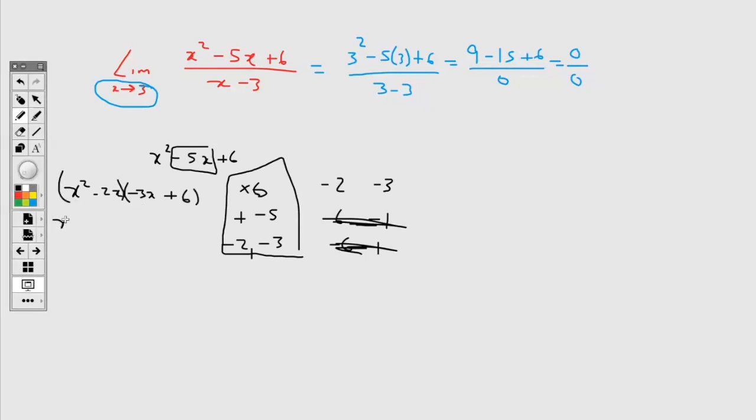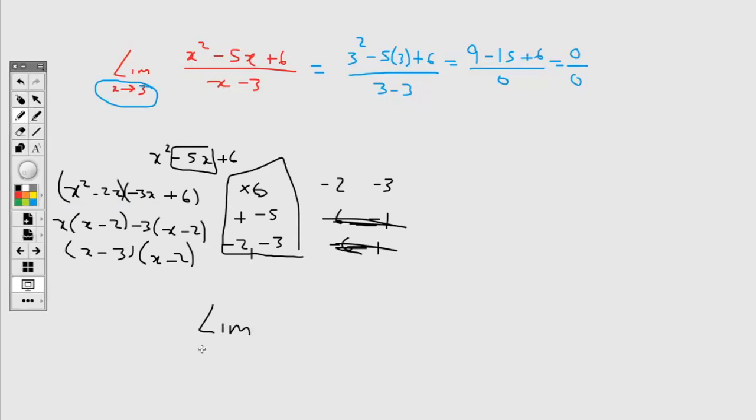The only thing that's common is x. So I'm left with x minus 2. What's common here? I can factor out -3 and I'm left with x minus 2. So that means I have x minus 3 and x minus 2.